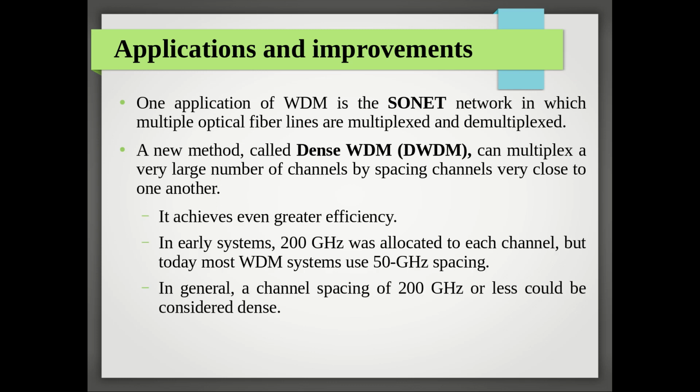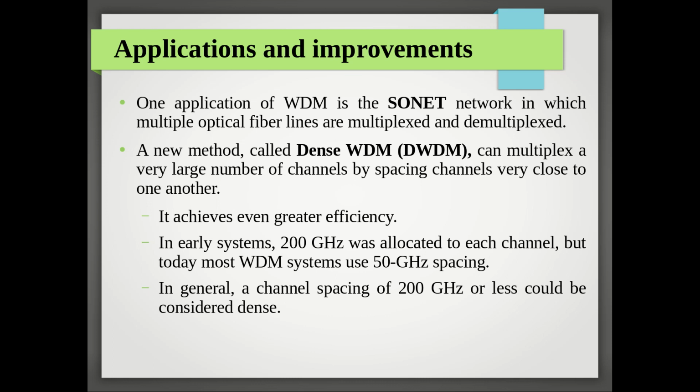So what are the attractive points about dense wavelength division multiplexing? It definitely achieves greater efficiency because it combines more channels together. In early systems 200 gigahertz was allocated to each channel, but today most wavelength division multiplexing systems use 50 gigahertz channel spacing, either the width of a particular channel or the distance between the center frequencies of two adjacent channels. In both ways you can think about the channel spacing.